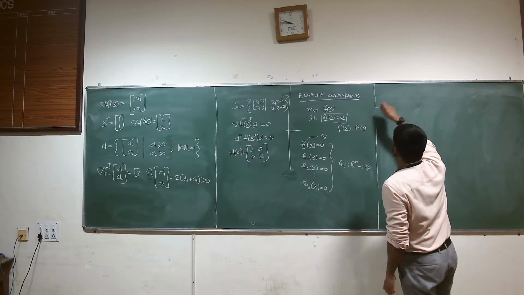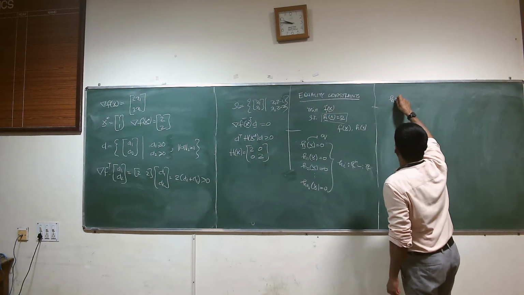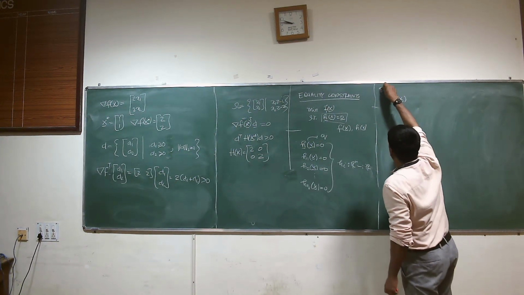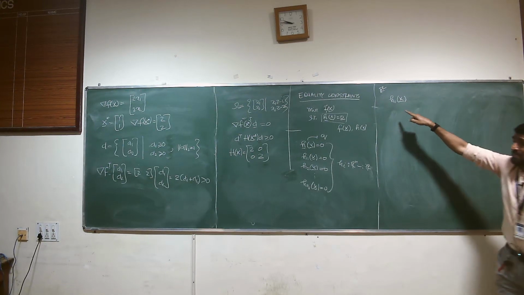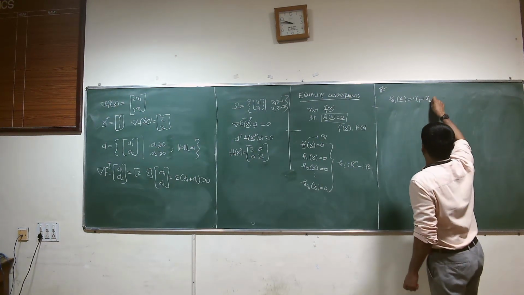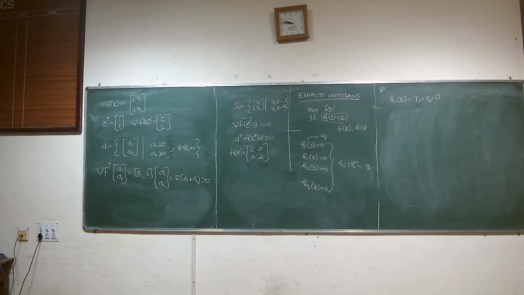Let's say we're talking about a problem, some f of x, and let's say we only have one constraint, and we're only talking about R2 for now. H of x equals x1 plus x2 equals 0. That's my condition. Since we are talking about R2, where is my feasible set in this space?